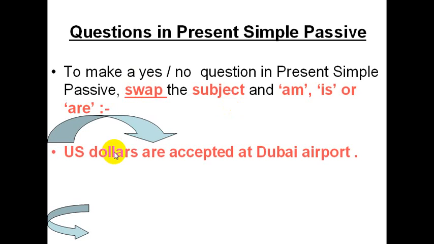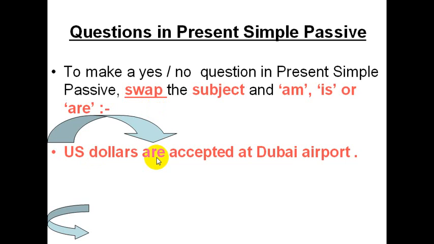Yes, this is a passive sentence. What should I do to make a yes no question out of this sentence? Yes, excellent. Swap the subject and verb to be. What is my subject? US dollars. And verb to be, are. Swap verb to be and the subject.